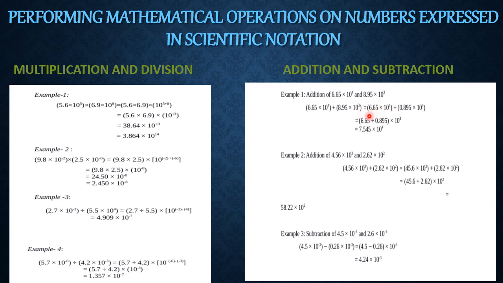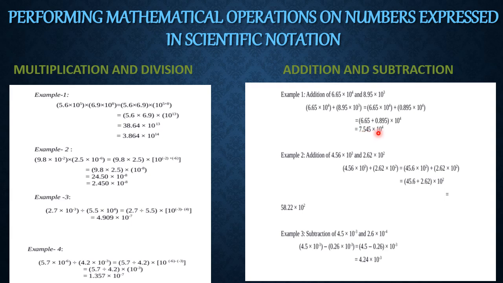So this one I have kept as it is, no change. But this one, 8.95 into 10 to the power 3, I made 10 to the power 4. For that I have to change the decimal, so I have taken this as 0.895 into 10 to the power 4. So that you can take 10 to the power 4 common. Then these two can be added easily by the normal method. The answer is 7.545 into 10 to the power 4.